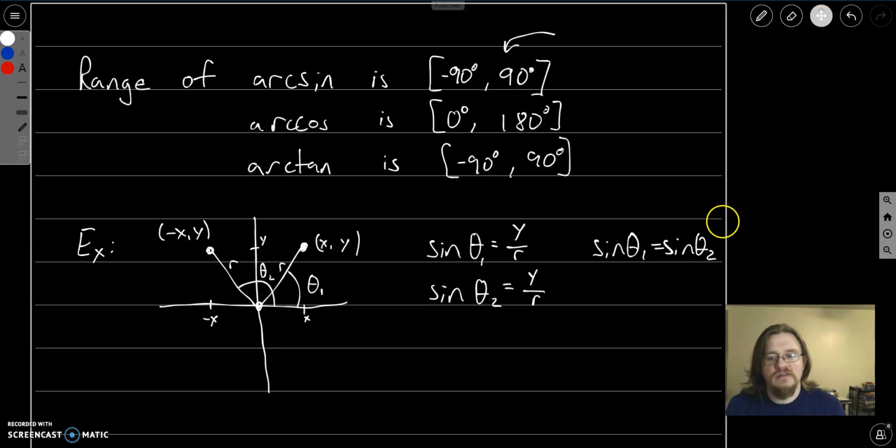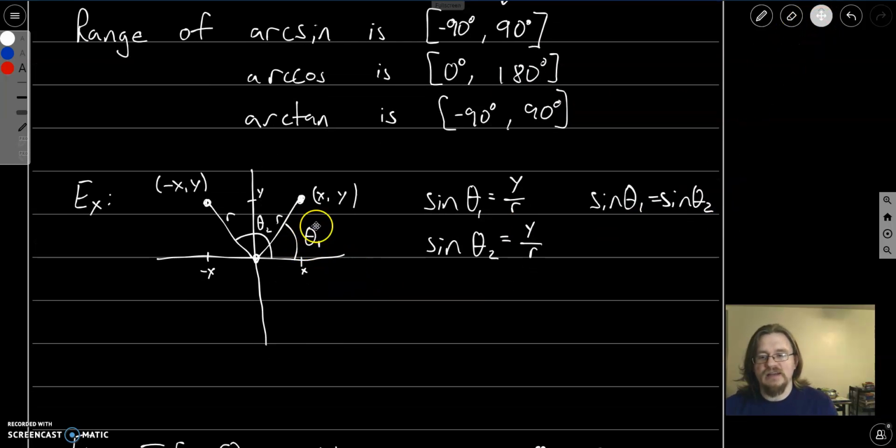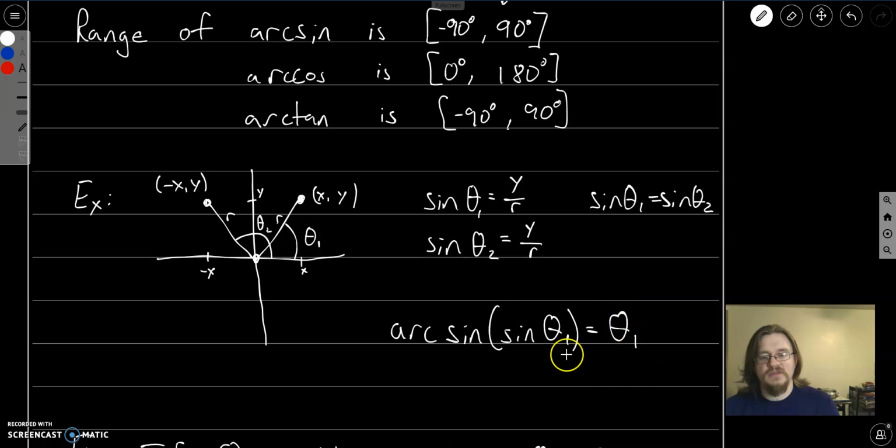So, for instance, right here, since theta 1 is between 0 degrees and 90 degrees, it's in quadrant 1, if I take arc sine of sine of theta 1, I'm going to get theta 1, because sine and arc sine will cancel out, and arc sine is going to spit out an angle between 0 and 90 degrees.